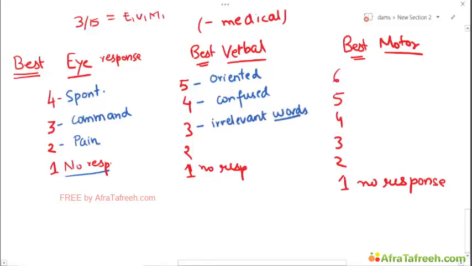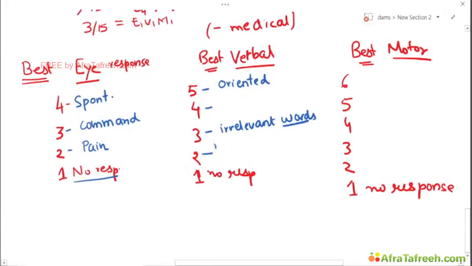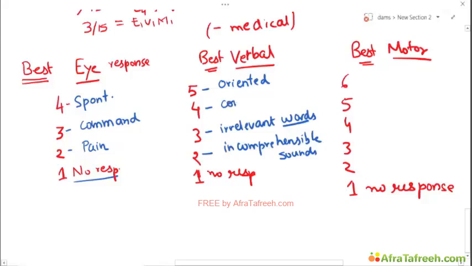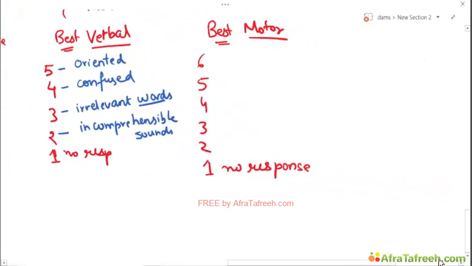He is able to form words, but those are irrelevant. Okay. 2 we have incomprehensible sounds. And 1 we have no response.